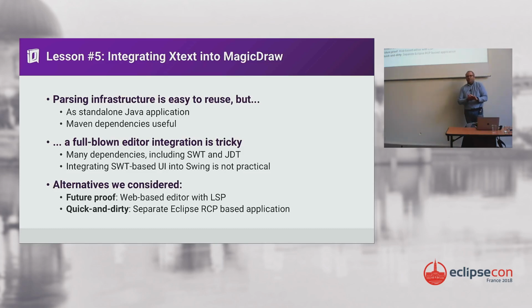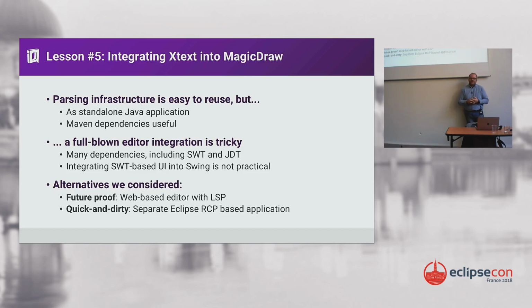For those of you who know our VIATRA framework, you might be aware that it uses Xtext for managing its DSL for specification of model queries. So one of the things that we wanted to experiment with was how to integrate such an Xtext-based editor into a commercial application which is not based on, or not entirely based on Eclipse technologies.